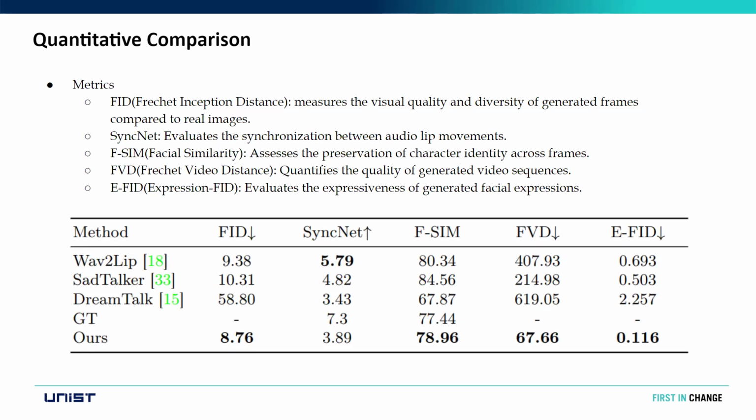And to compare to the other models, they use these metrics. FID, Frechet Inception Distance. It is used for generated images to measure the visual quality and diversity of generated frames.